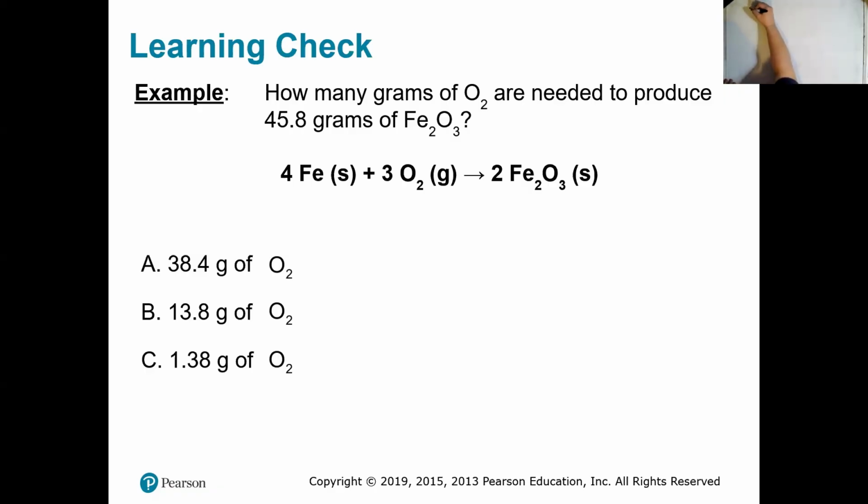Always a good place to start. And for this question, they're telling us that we want to produce 45.8 grams of Fe2O3. And they want to know what mass of oxygen is going to be required to do that. Okay.